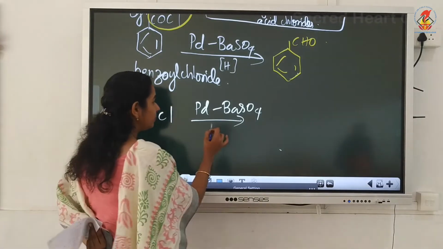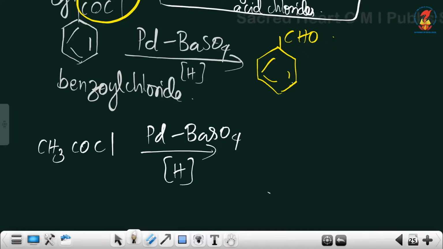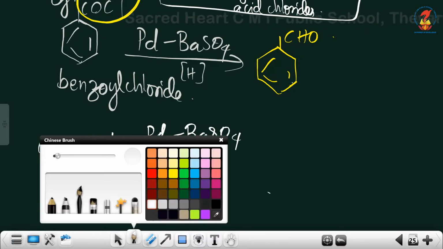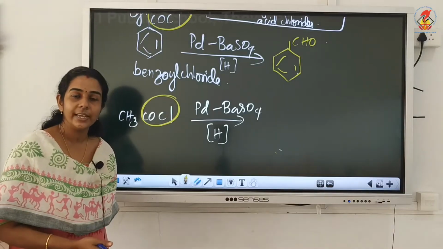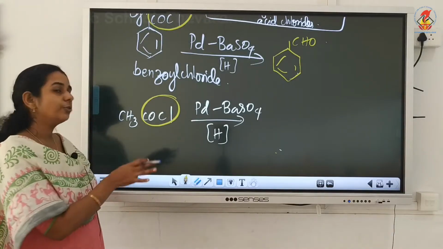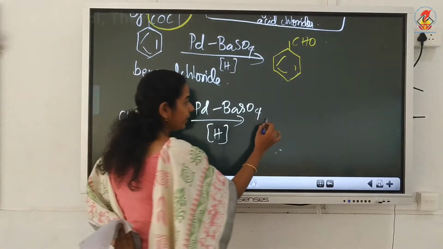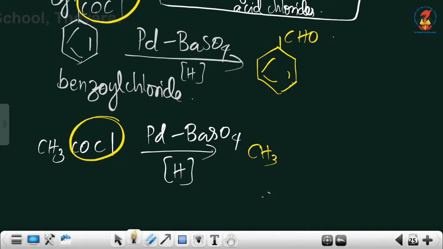So, it is a reduction method. So, hydrogen inside the square bracket, and here there is conversion of COCl to CHO. So, simply circle COCl. We know that replace COCl by CHO. The rest of the things simply copy. So, we will be getting CH3CHO.